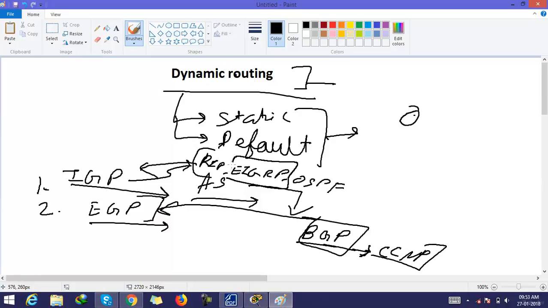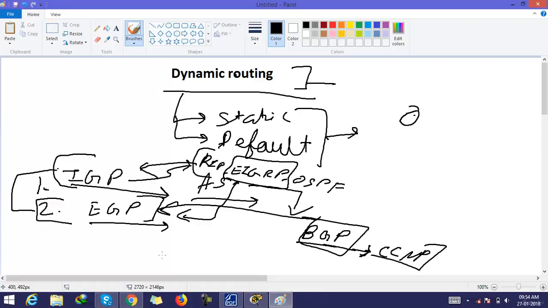Sometimes EIGRP is also used like an EGP. These are the dynamic routing protocol types, IGP and EGP.